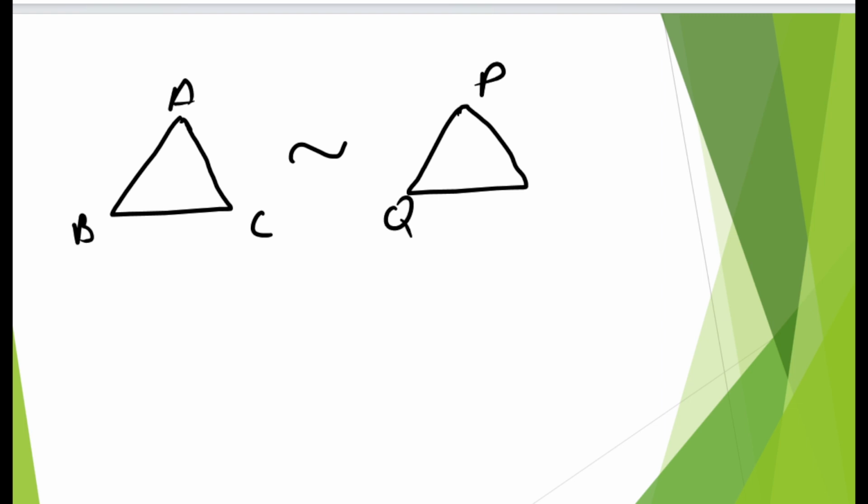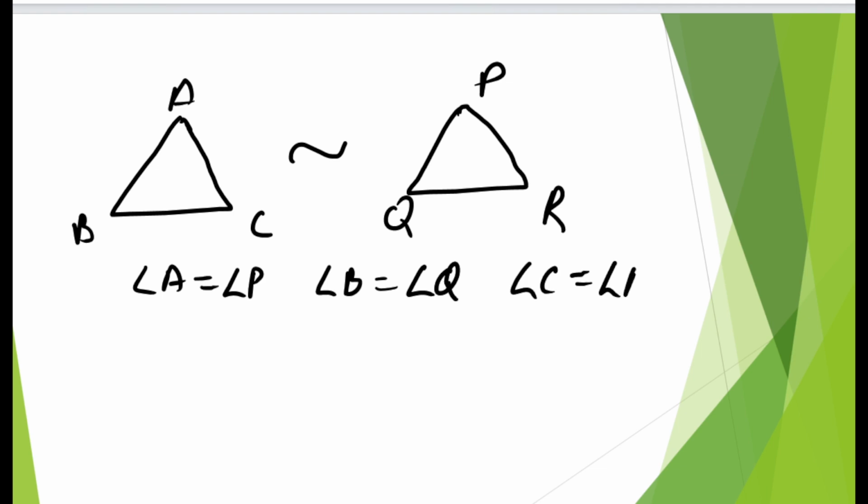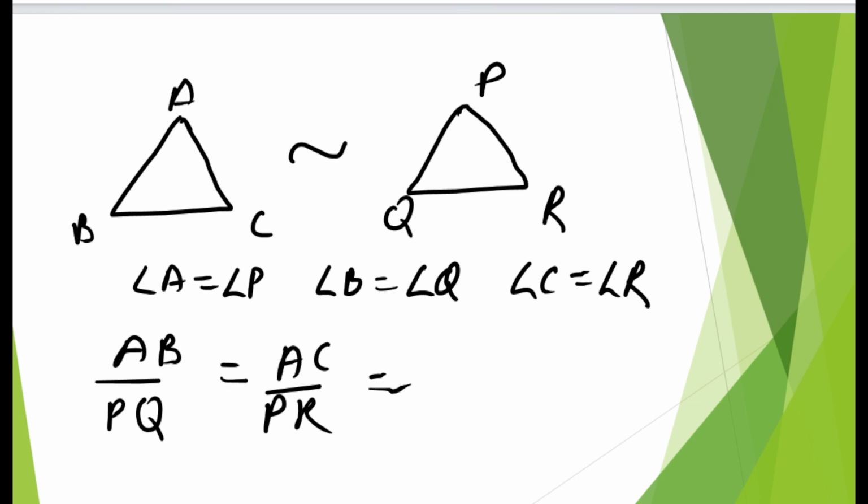Let triangle ABC be similar to triangle PQR. It means angle A equal to angle P, angle B equal to angle Q, angle C equal to angle R, and the corresponding sides: AB upon PQ equal to AC upon PR equal to BC upon QR.